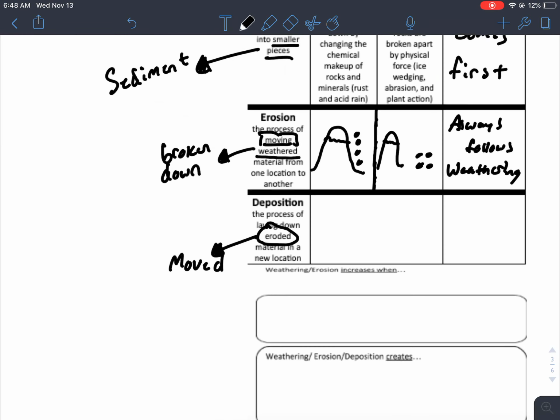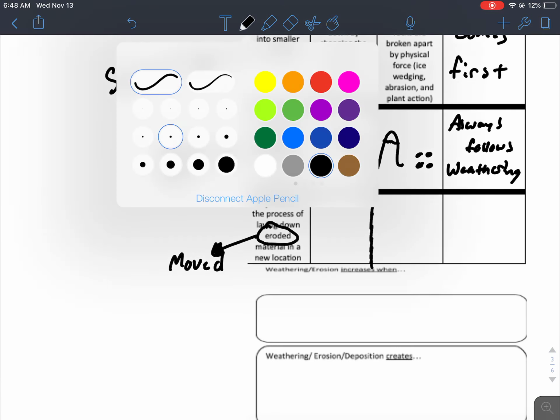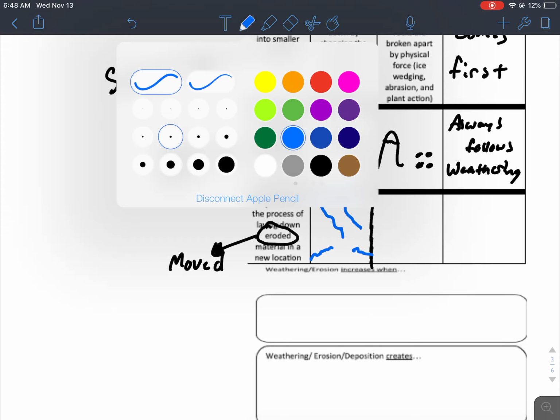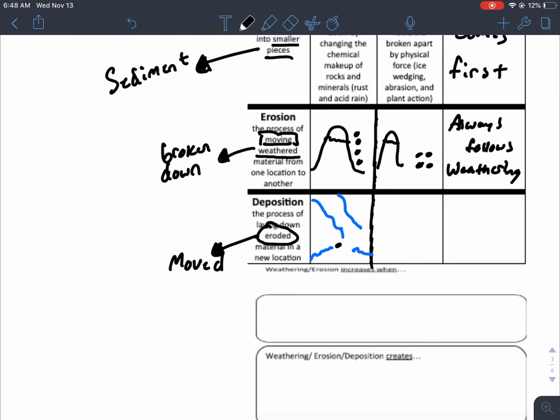So you've done all this work. You've broken down the material. You've moved it to a new location. And now we need to figure out what it does when it gets there. Split your box. Then I'm going to draw a river flowing through our picture. Here's a river, and then here's the ocean. A lot of times at the ocean where it meets the river, it's called the delta.